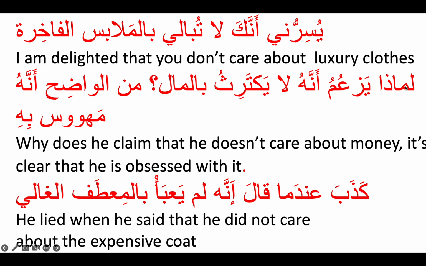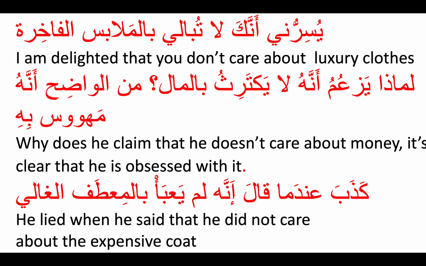Next one. لماذا يزعم أنه لا يكترث بالمال؟ من الواضح أنه مهووس به. Why does he claim that he doesn't care about money? It's clear that he is obsessed with it. So لماذا, why? زعم, يزعم is to claim. أنه, that he. لا يكترث, he doesn't care.